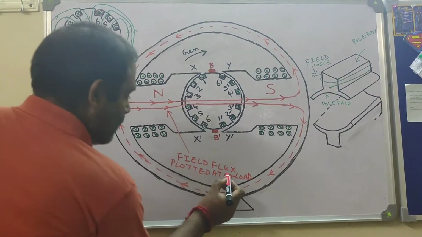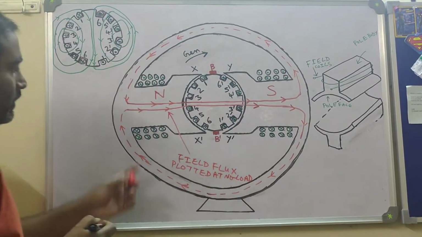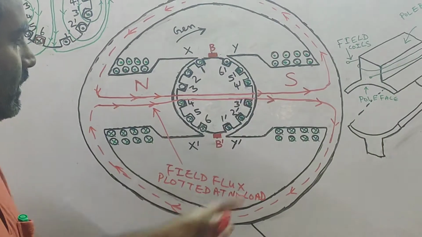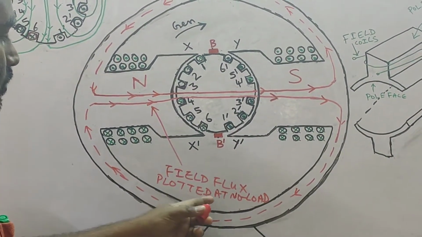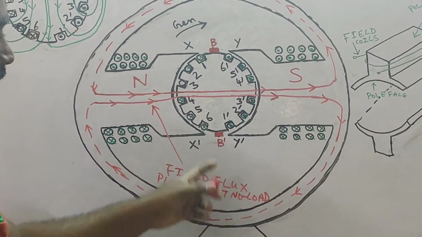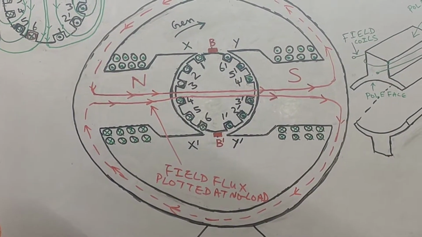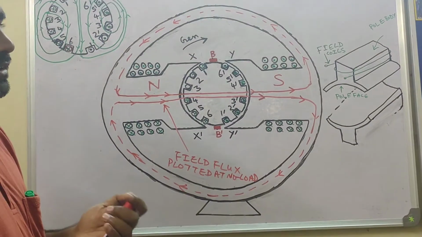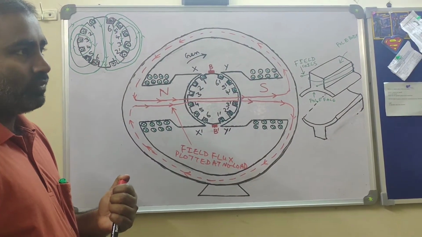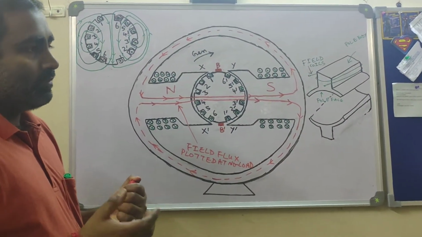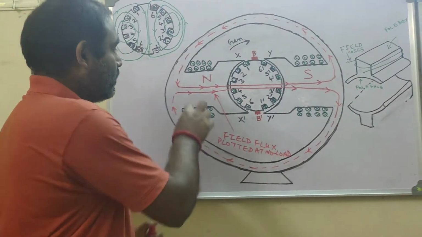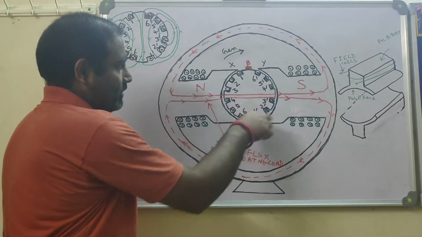In a DC machine armature current means the load current, because if you change the loading on the machine, then armature current is going to change. That's why we call armature current the load current. So we are plotting these lines of flux assuming armature current is 0.